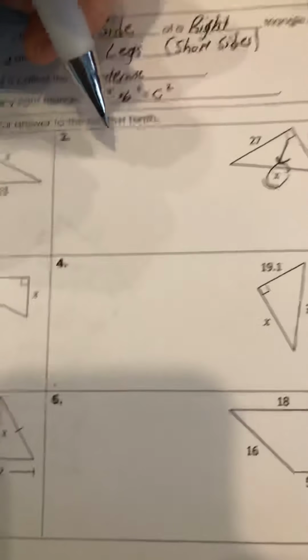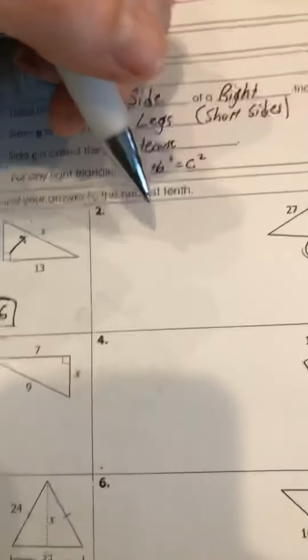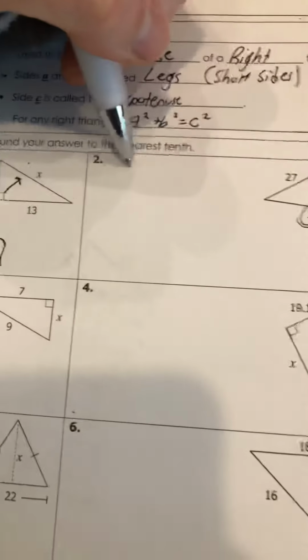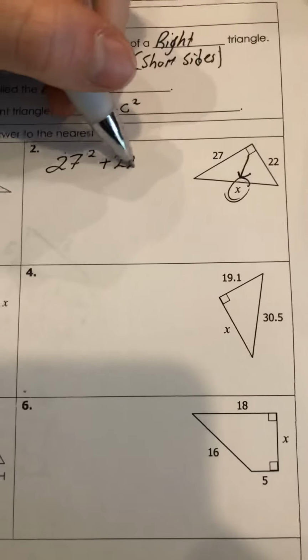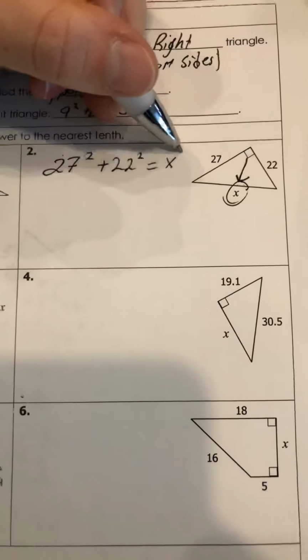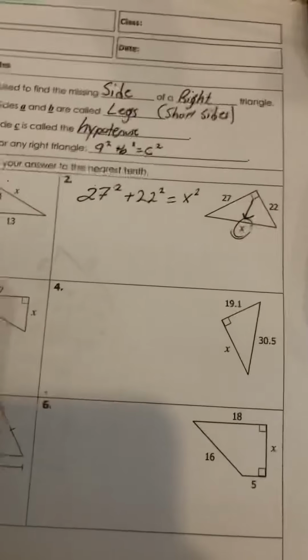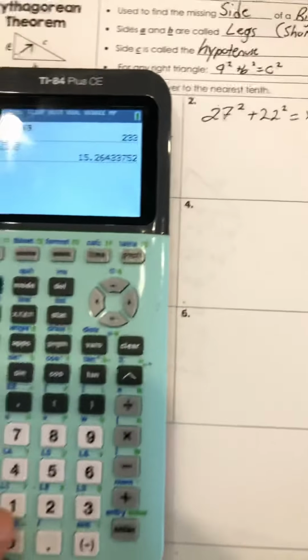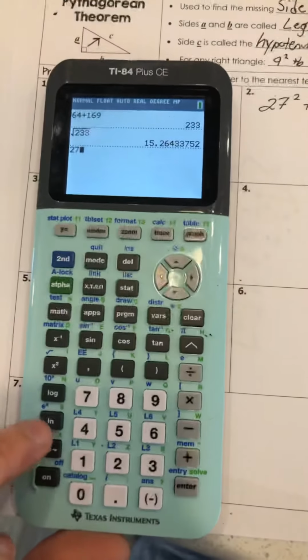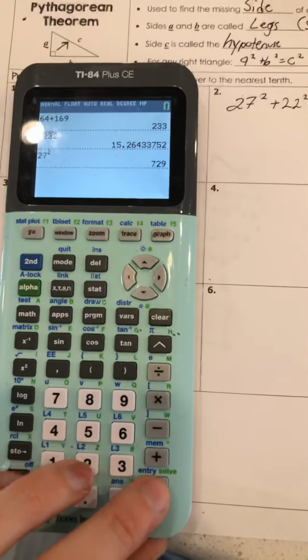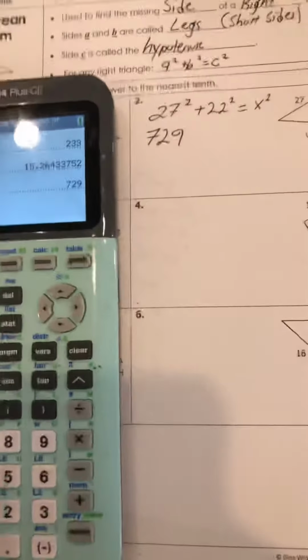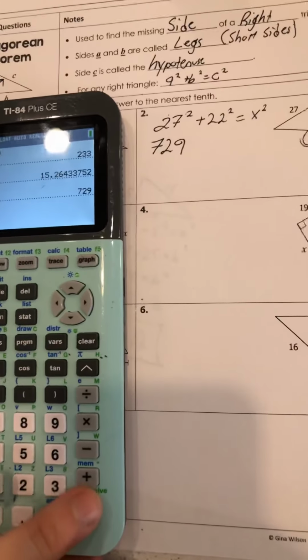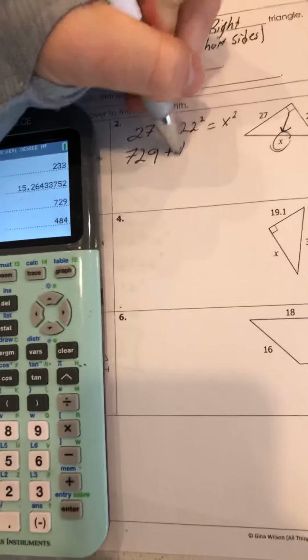Next one, across from our right angle is our hypotenuse. So we're looking for the hypotenuse again, so we'll add the squares together. So we've got 27 squared plus 22 squared equals x squared. And I don't know those numbers in my head, so I'm just going to put them in the calculator. 27 squared is 729, and 22 squared is 484.